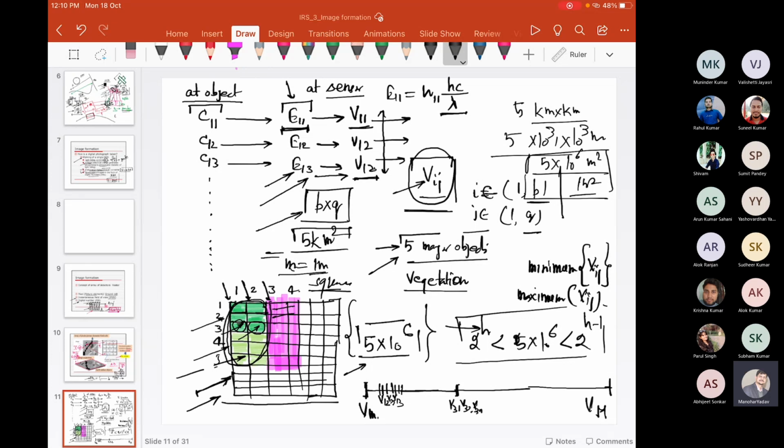Similarly, if you further increase the area from 5 kilometer square to 10 kilometer square, then what will happen? The number of bits required will be 2 times. So this is not a feasible solution. Because see, ultimately our goal is to uniquely represent, if we want to classify the input image into 5 classes, only 5 classes.